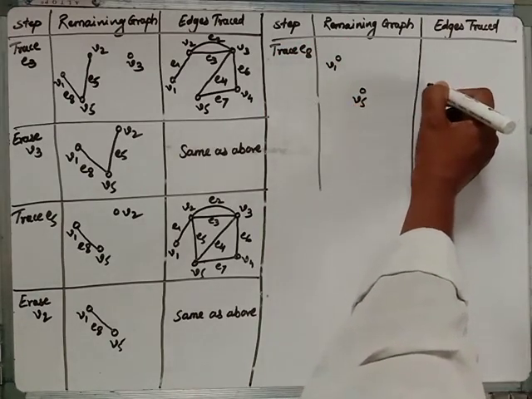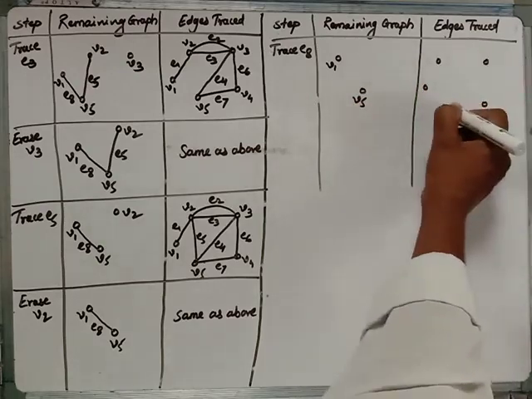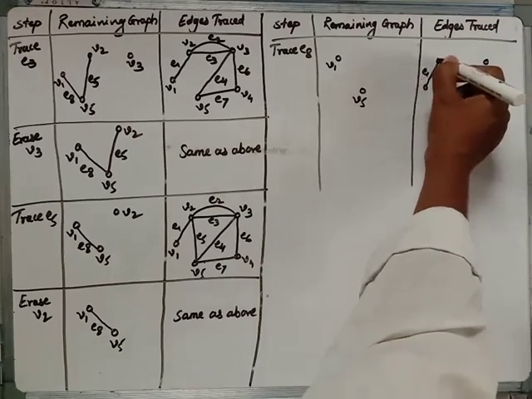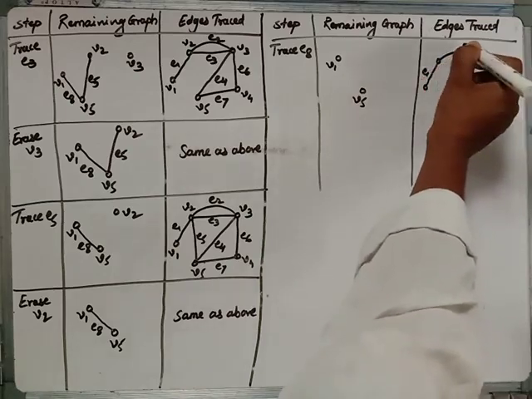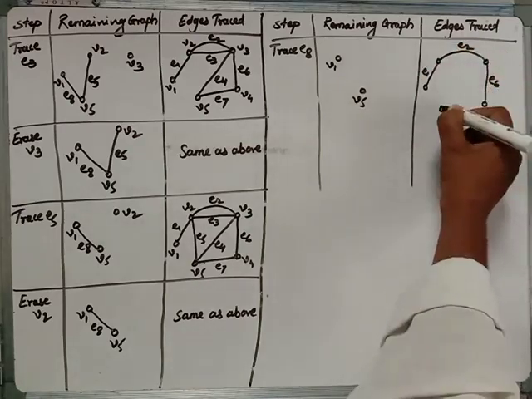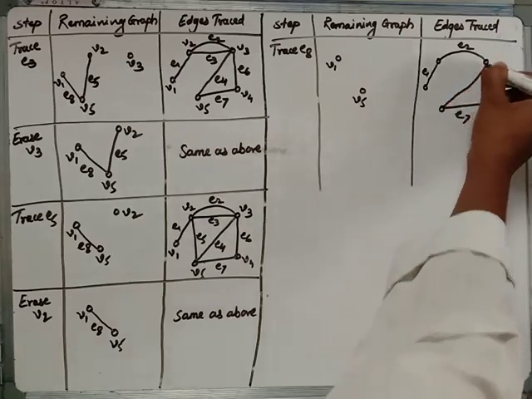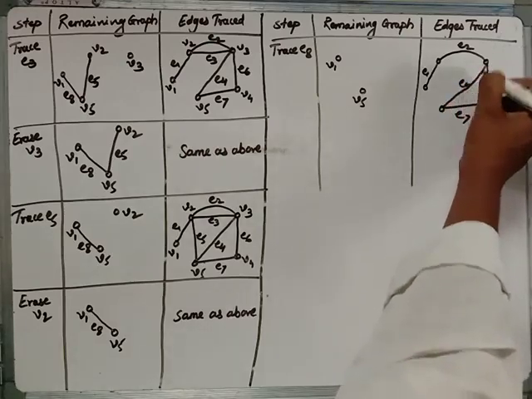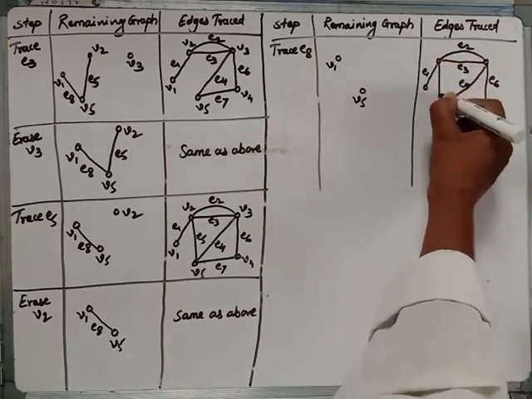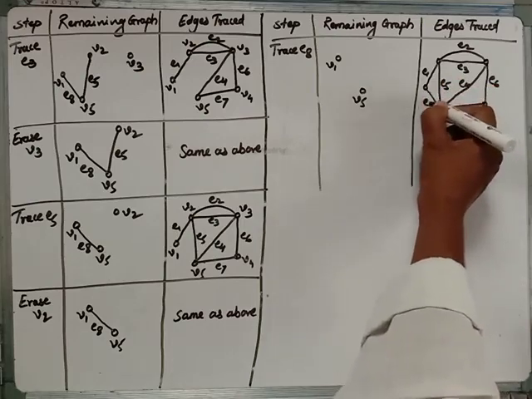Now the traced edges are E1, E2, E6, E7, E4, then E3, E5, then E8.